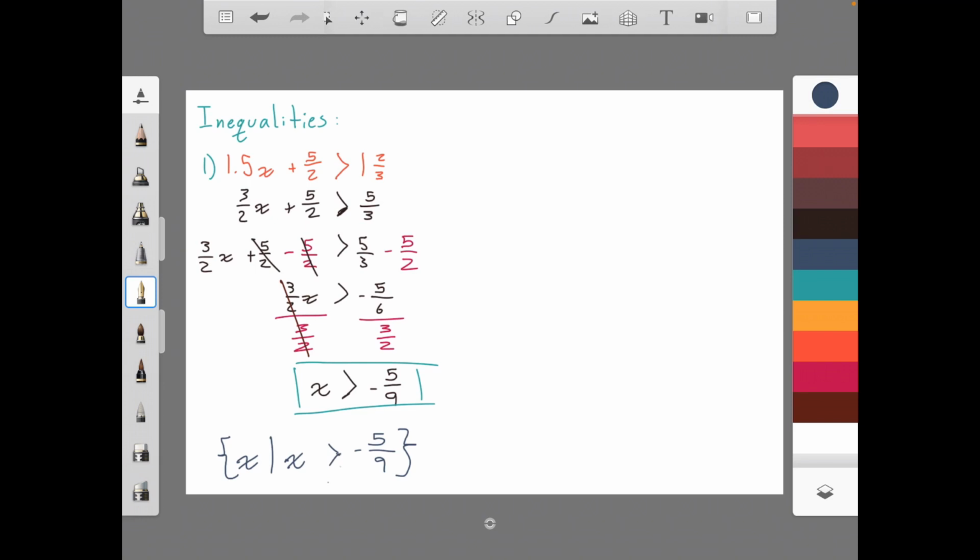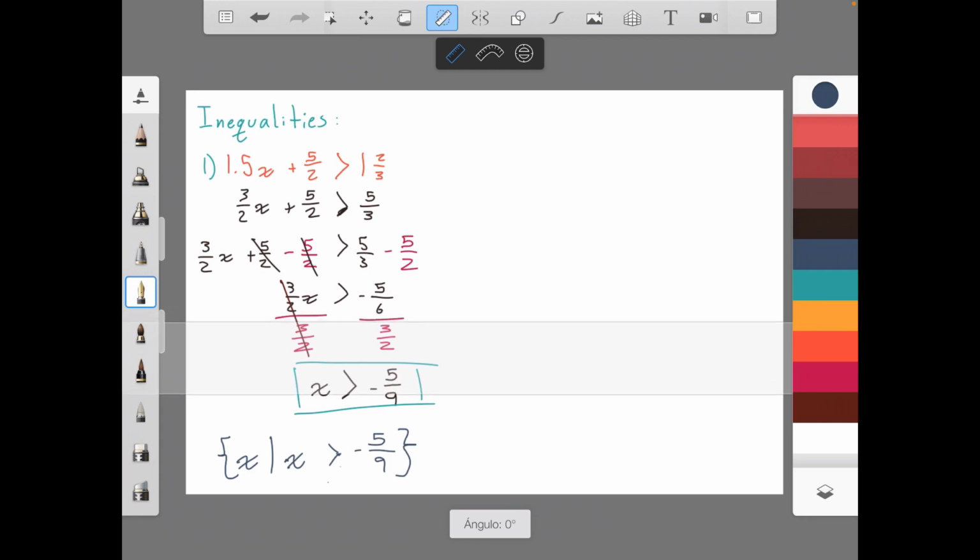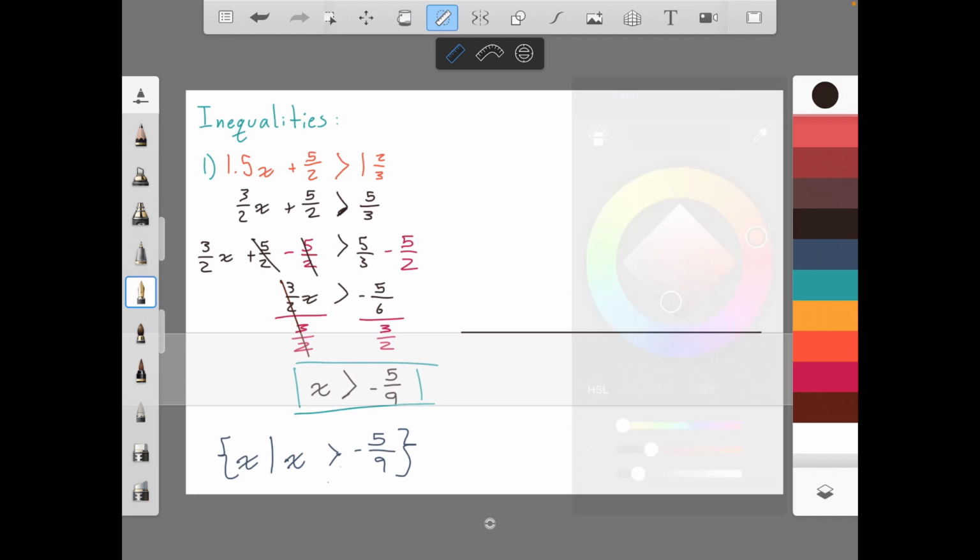Now the second way is going to be a number line. Through this number line we are going to represent this answer. I am going to place my answer on the number line.